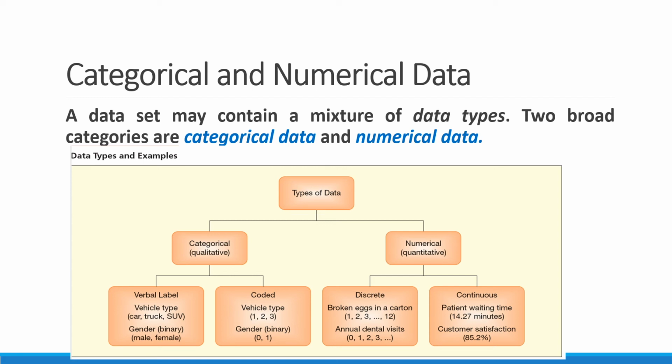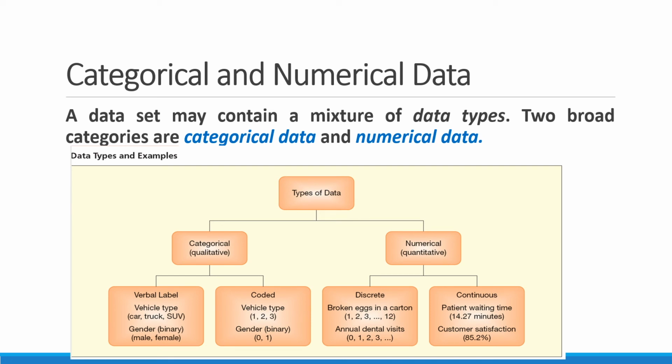For categorical data, the value of the variable can be described by verbal labels, such as for gender, they are male or female.